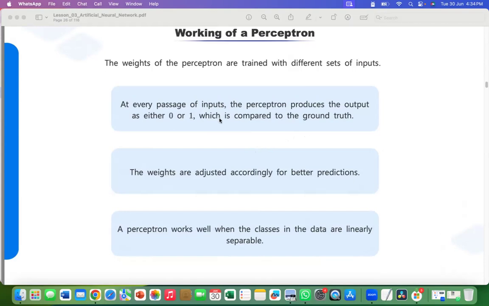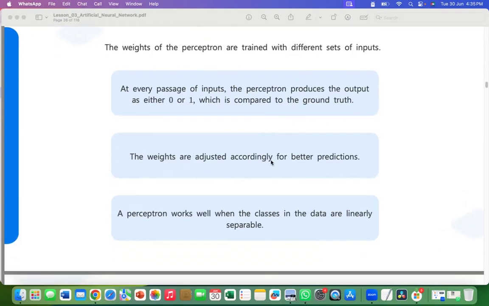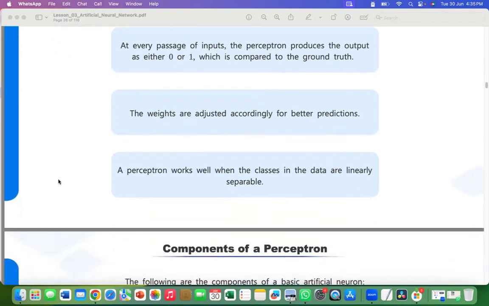Either 0 or 1, right? That is compared with the ground truth. Now weights are adjusted accordingly for better prediction. We can adjust the weights so that the prediction is correct. And a perceptron works well when the classes in the data are linearly separable. The condition for the perceptron is that the data should be linearly separable.